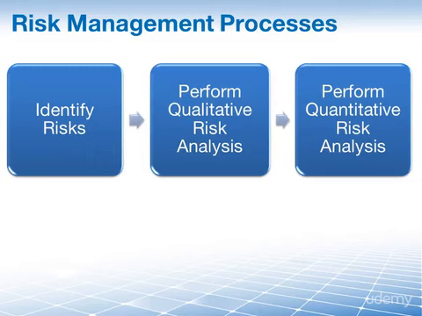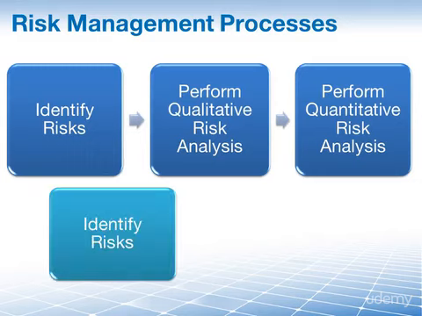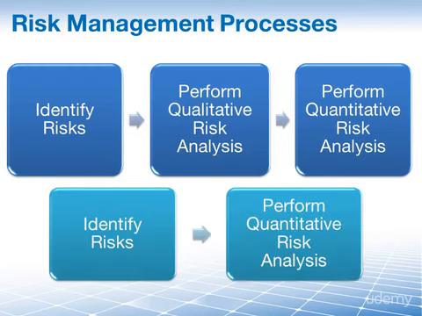However, you may go from identify risks straight to perform quantitative risk analysis if you have an experienced risk manager on your project who can tell just by looking at the list of identified risks which ones are the most critical ones that we need to look at. So experience plays a big role there, but generally speaking we do execute these processes in order.